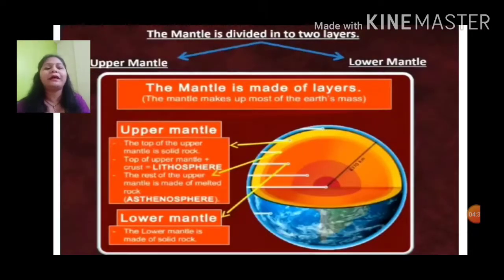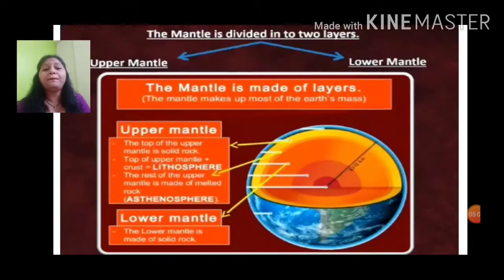The mantle is further divided into the upper mantle as well as the lower mantle. The upper mantle means the top section of the mantle. The topmost section is solid, made up of solid rocks, and comes under the lithosphere. Only the first layer of the upper mantle is solid, which is a part of the lithosphere, and the rest of the upper portion of the mantle is in melted form.